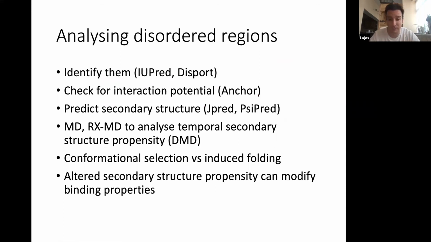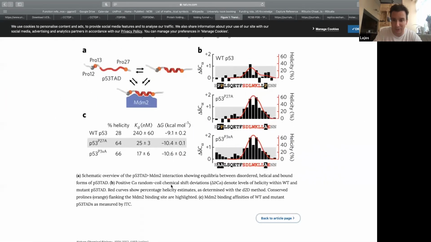So yeah, this is just my last point here. If you encounter disordered regions, and there is a chance that even prokaryotes encounter them, then it's much more about the local structural propensities, the local amino acid changes. I told you about few hydrophobic residues.